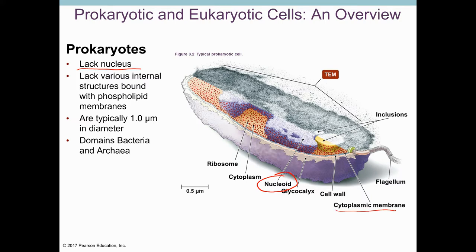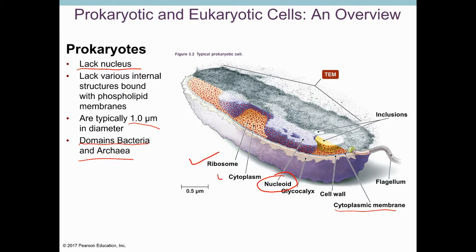There are a few little exceptions to that rule, but for the most part, you don't. Most bacteria are somewhere in the 1 micron area of length and diameter, maybe 1 to 5 microns at the most. And so, like I said, we're going to focus on the bacteria, but the archaeans also have these characteristics. So these are the general characteristics of prokaryotes.